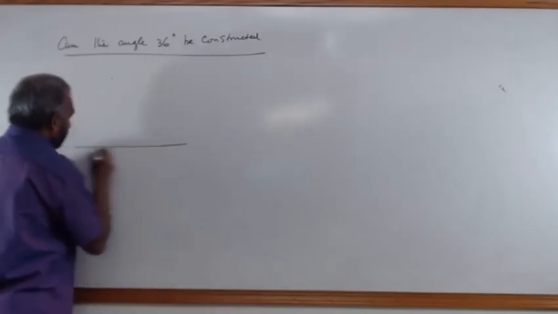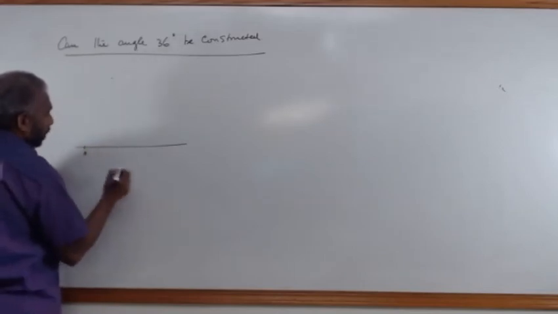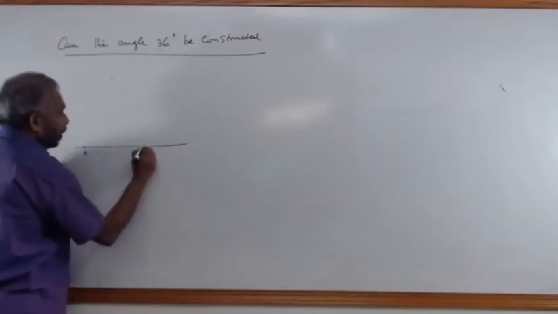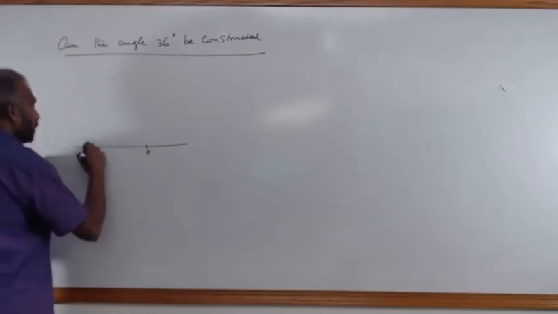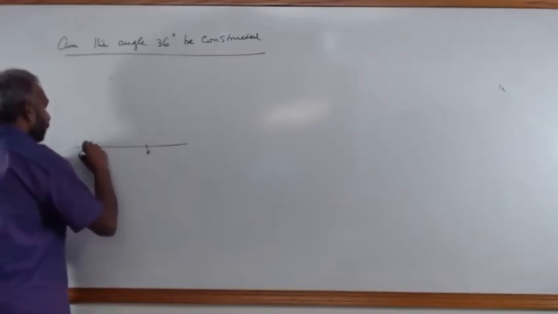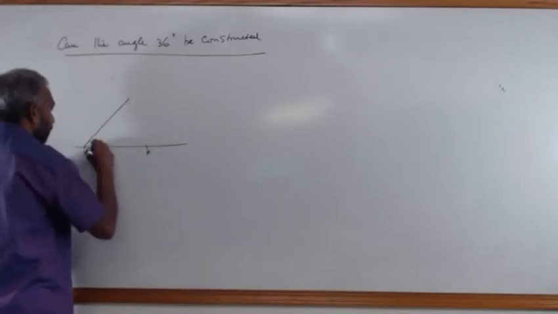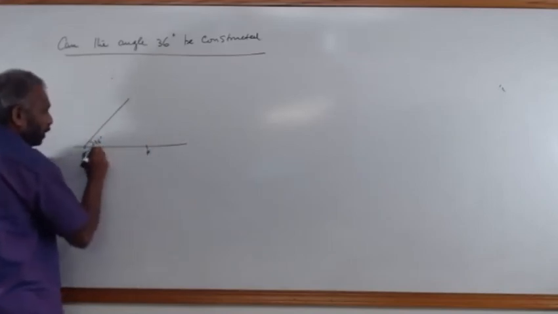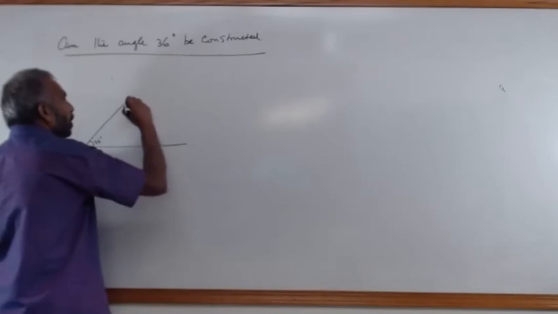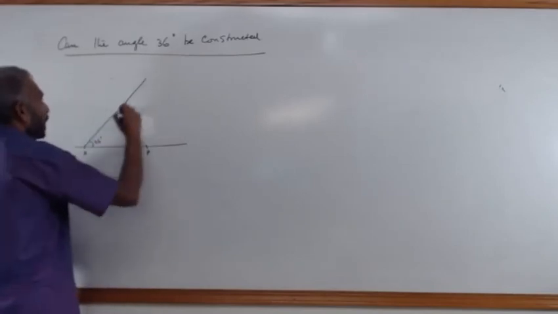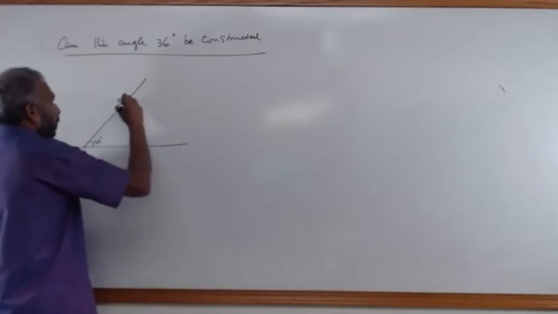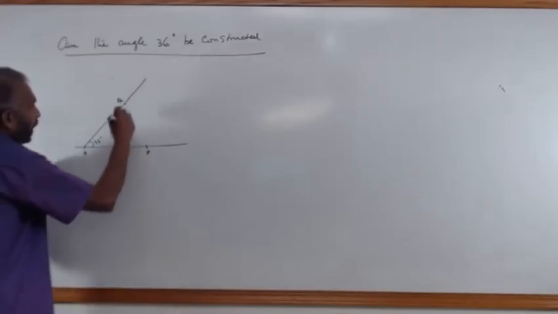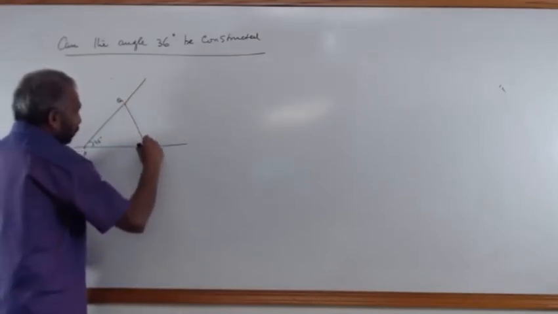Let's draw a line and mark a unit on this line. Then let us assume that we can draw a 36 degree angle. We are not yet sure, but we are assuming that it can be drawn. And mark a point 1 unit away from here, and join these two.